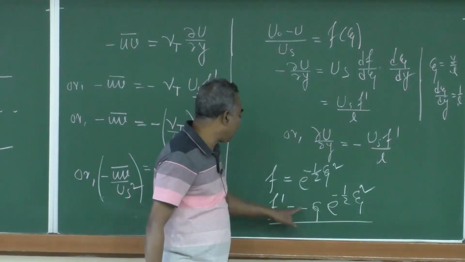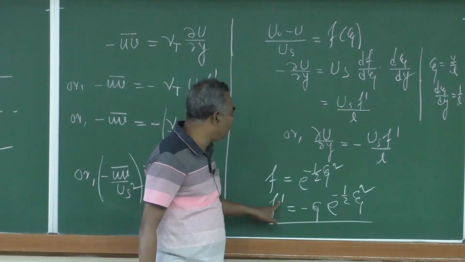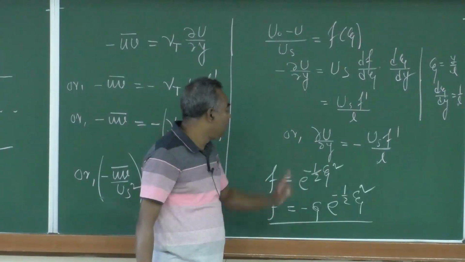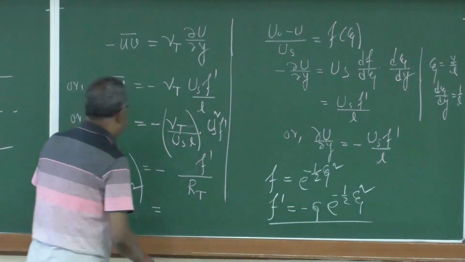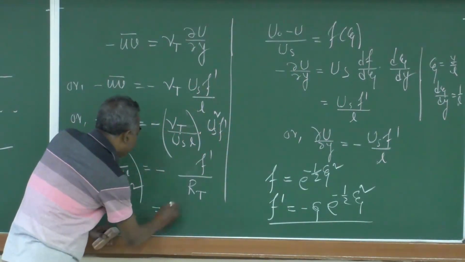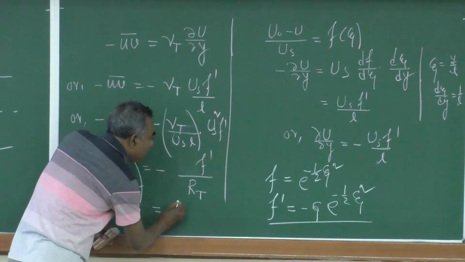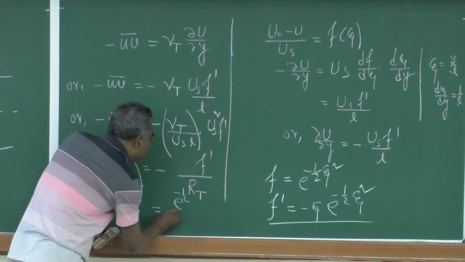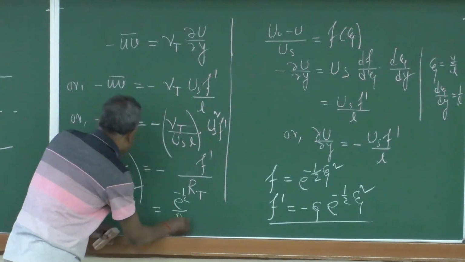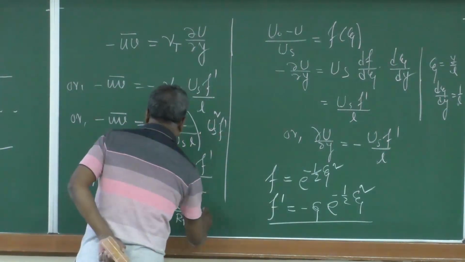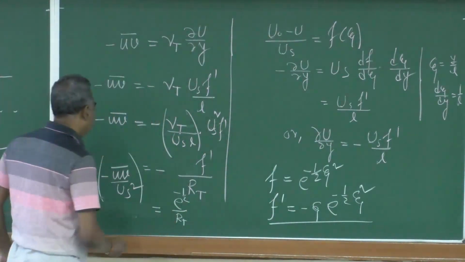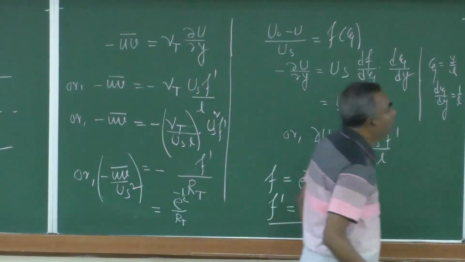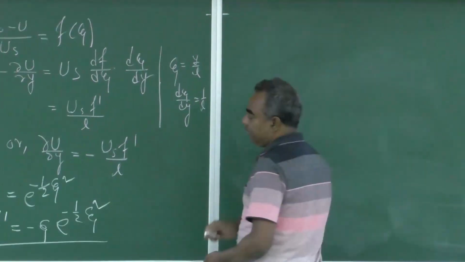That means f prime at xi equal to 1 is equal to minus exponential of minus half, so this is going to be plus, minus exponential half by R t. This is what this relation gives.